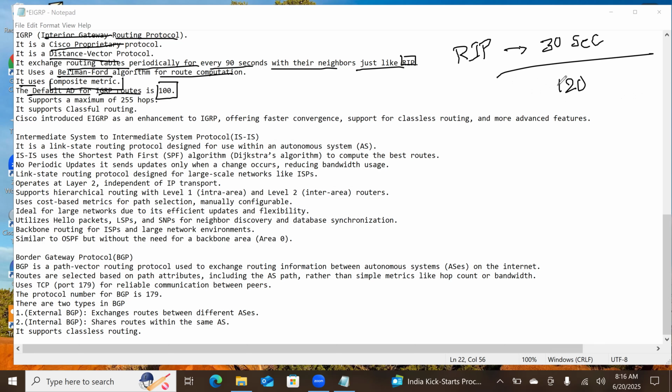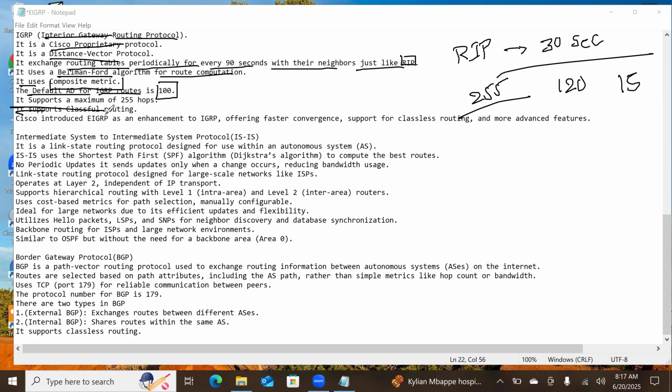Somebody says 90, somebody says 110. For IGRP it is 100. The maximum hop count supported by IGRP, what was it in RIP? It was just 15. And here it is 255 hop counts.